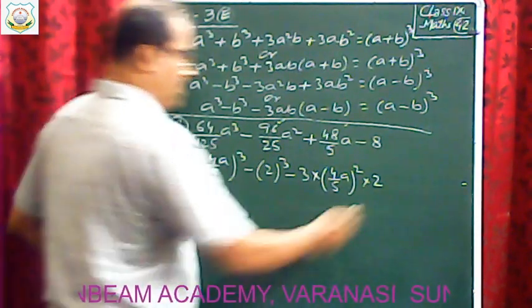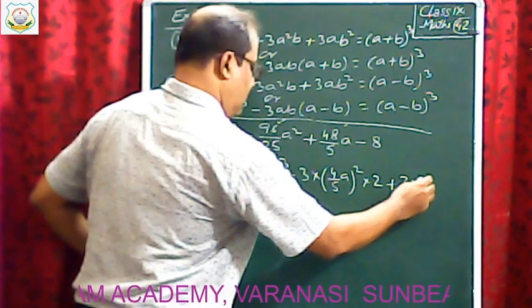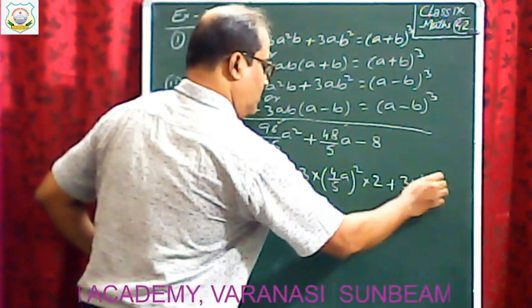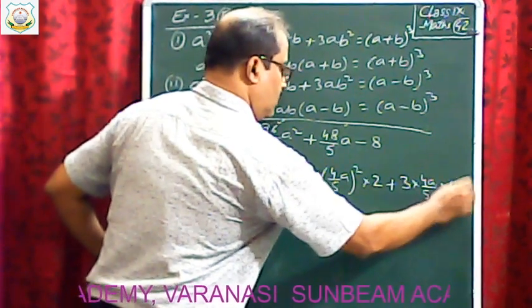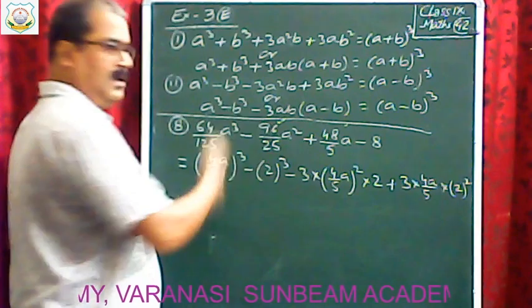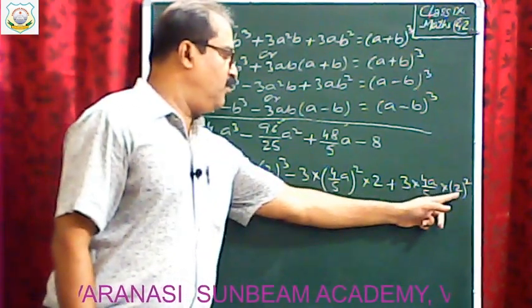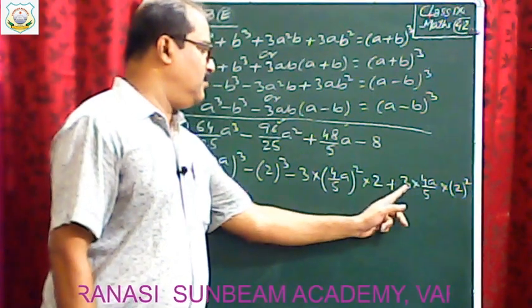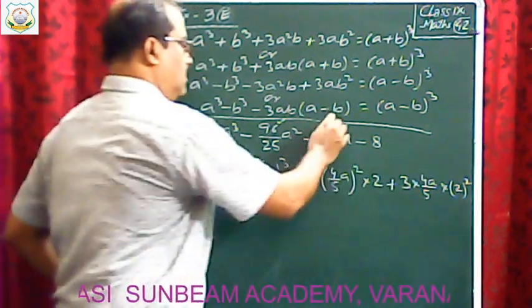And thereafter you have to write plus 3 into a, 4 upon 5 a, into b square, 2 square. Again you have to find the product and check whether it matches the given term of the polynomial or not. So 2 square 4, 4 4 is 16, 16 3 is 48, 48a upon 5 also matched.